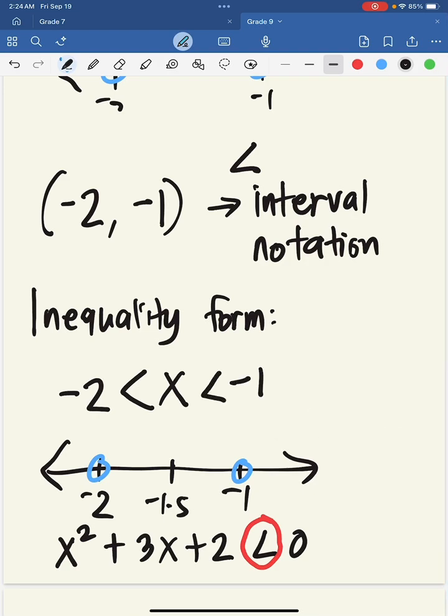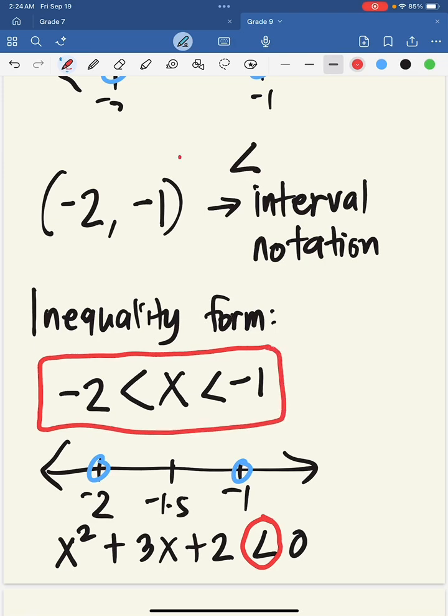So we read this as x is greater than -2 but less than -1. So we have the two answers in inequality form and also in interval notation. And that's it for the first example.